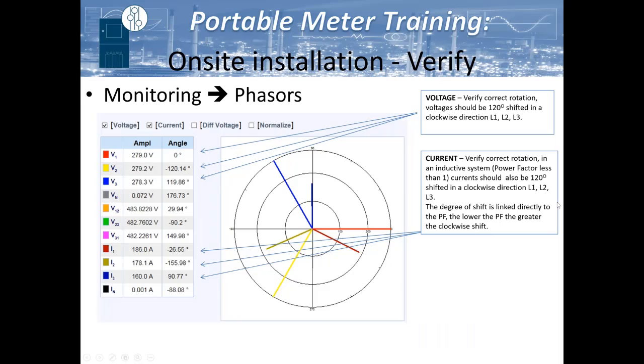Monitoring and your phasor screen. This is an excellent way at a glance to look at your three-phase voltage and current. Make sure that everything you're seeing makes sense. There have been some changes with the internet browsers over the years where ActiveX sometimes does not show up. So in that case, you're just going to be looking at the phase angles and drawing them out on your own if you have to.